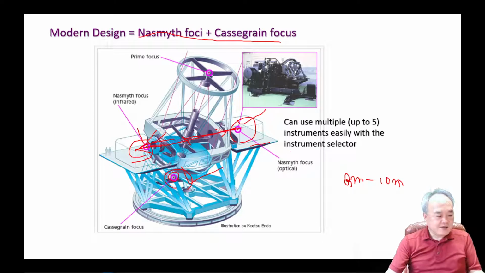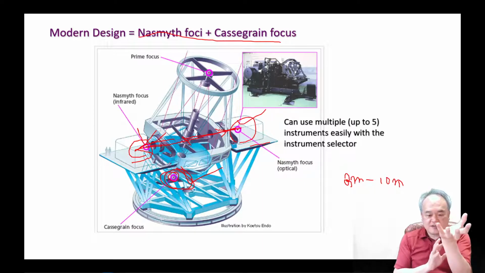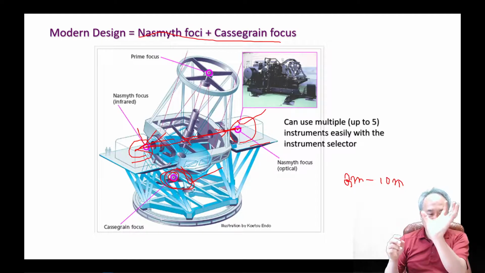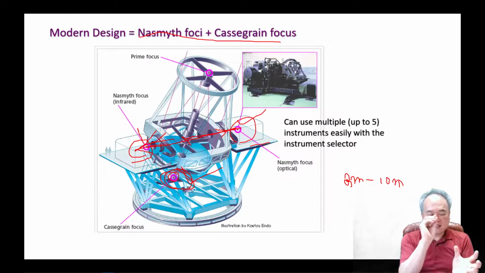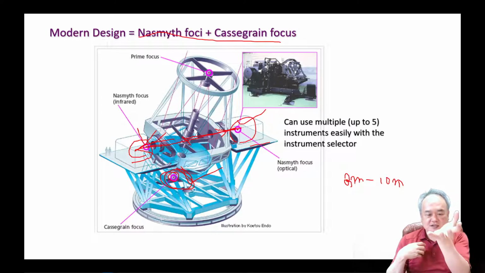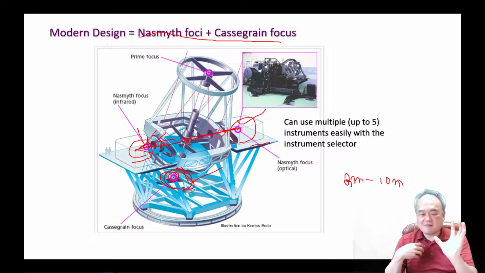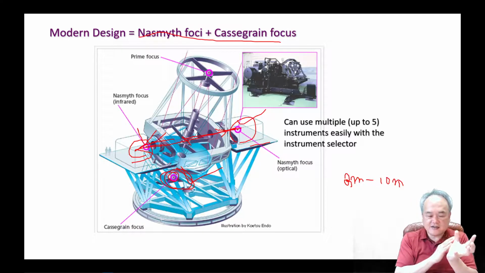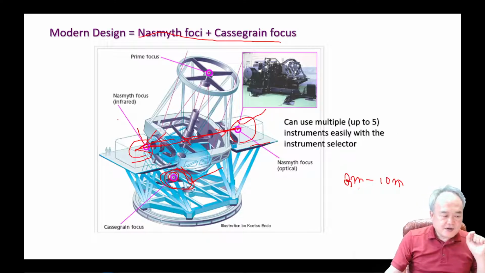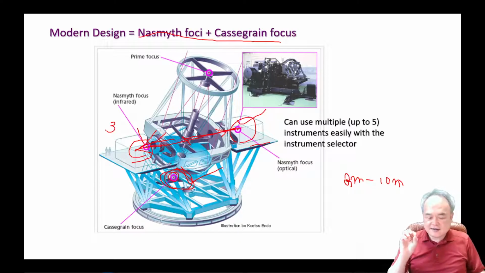Oftentimes on the Cassegrain focus, there is an instrument attachment platform that also has rotating mirrors, so that up to 4 or 5 instruments can be chosen by simply rotating the tilted mirror, or just taking it out. So in theory, you can have at least 3 instruments ready to be used.